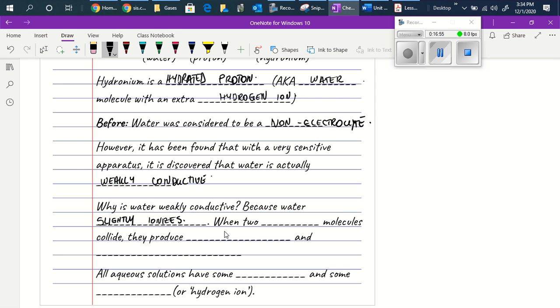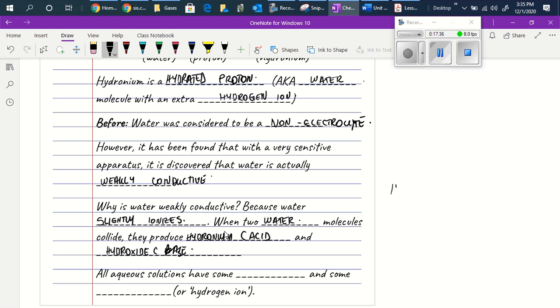When two water molecules collide, they produce hydronium, which is an acid, and hydroxide, which is a base.